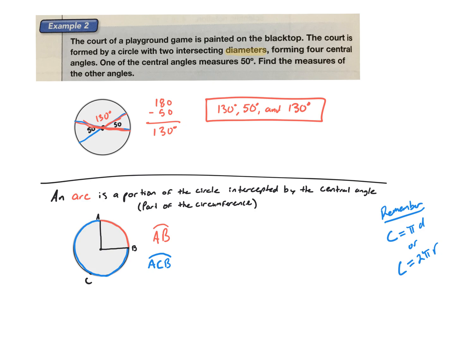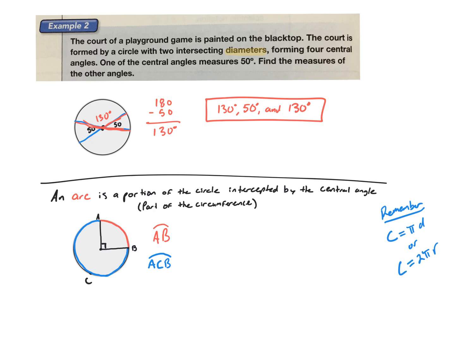Also, something to think about here. Let's look at this. If I told you this was 90 degrees, then you would know that this angle is 1/4 of the whole circle, because 90 is 1/4 of 360.